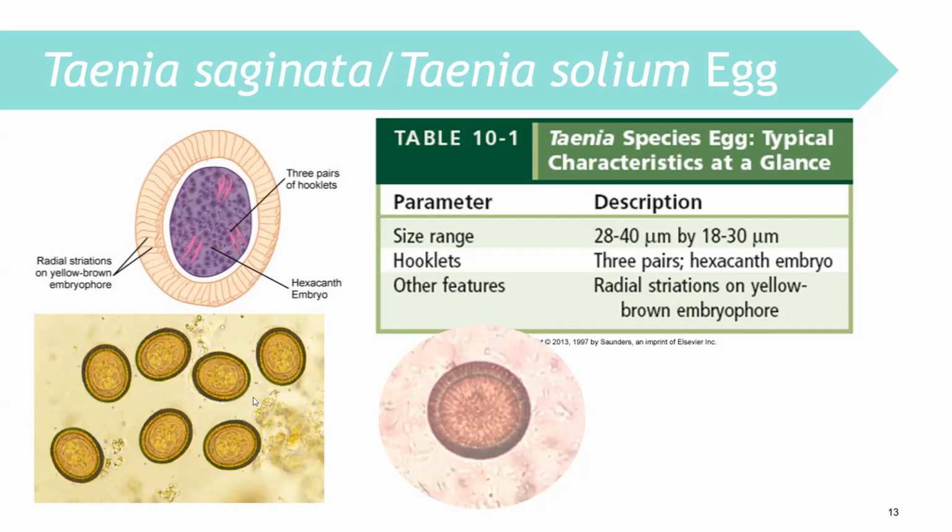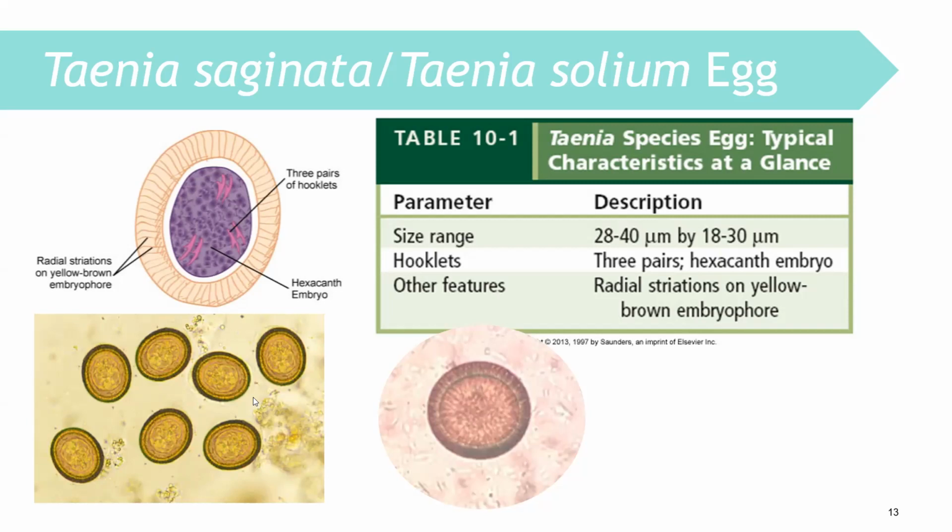That's why if you see the presence of the 8 embryonic cleavage with a thin outer cell wall, that is your hookworm. And if you report the presence of hookworm egg in the stool, it can be Ancylostoma duodenale or Necator americanus.